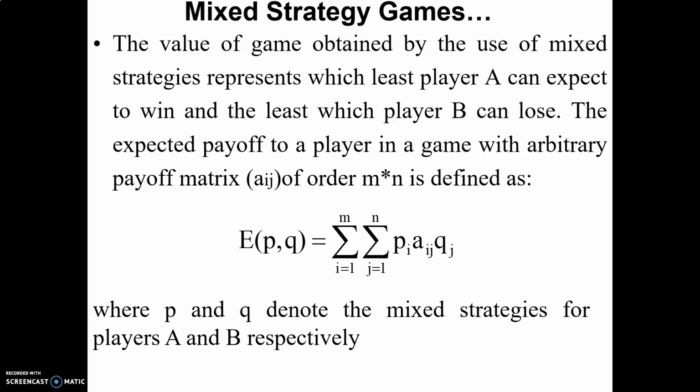Here P and Q denote the mixed strategies adopted by players A and B, m and n are the number of rows and columns, and i and j are the indices of this payoff matrix.